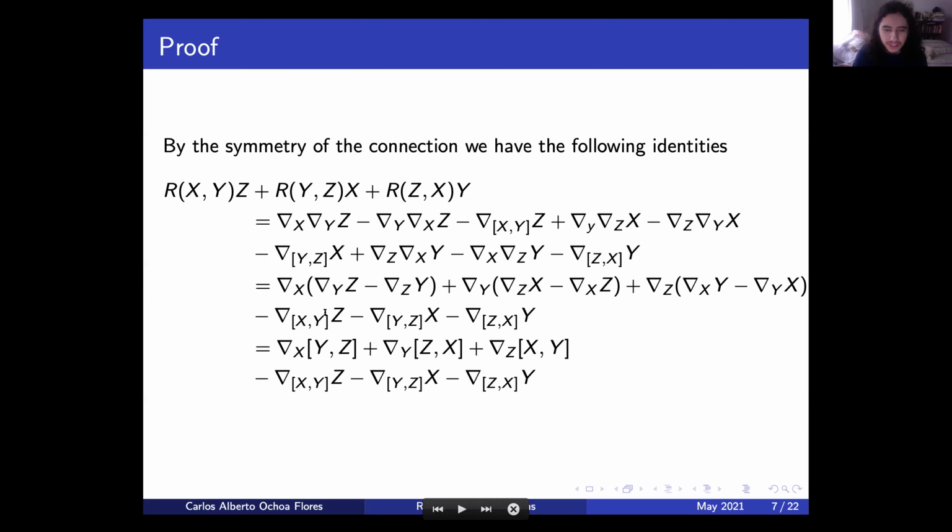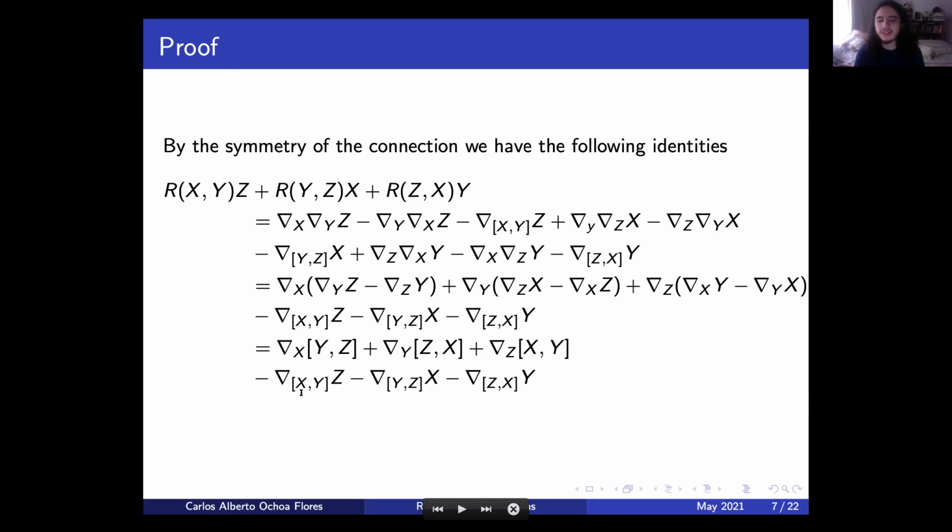Then we use the symmetry of the connection to express this as the Lie bracket of y and z, this as the Lie bracket of z and x, and this as the Lie bracket of x and y. And we arrive at this. And then here, we simply notice that we can put terms together again. I mean, this one with this one, this one with this one, and this one with this one.